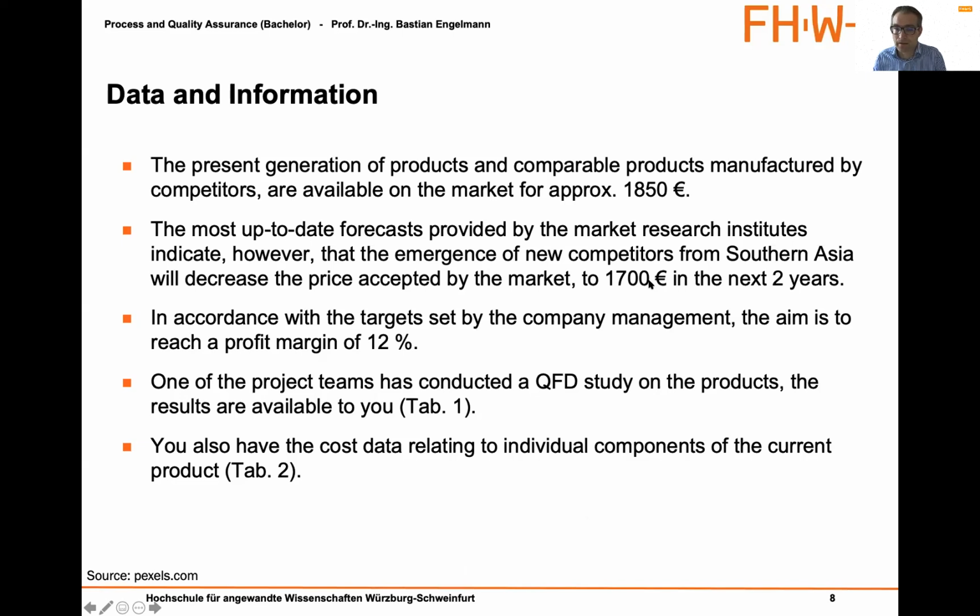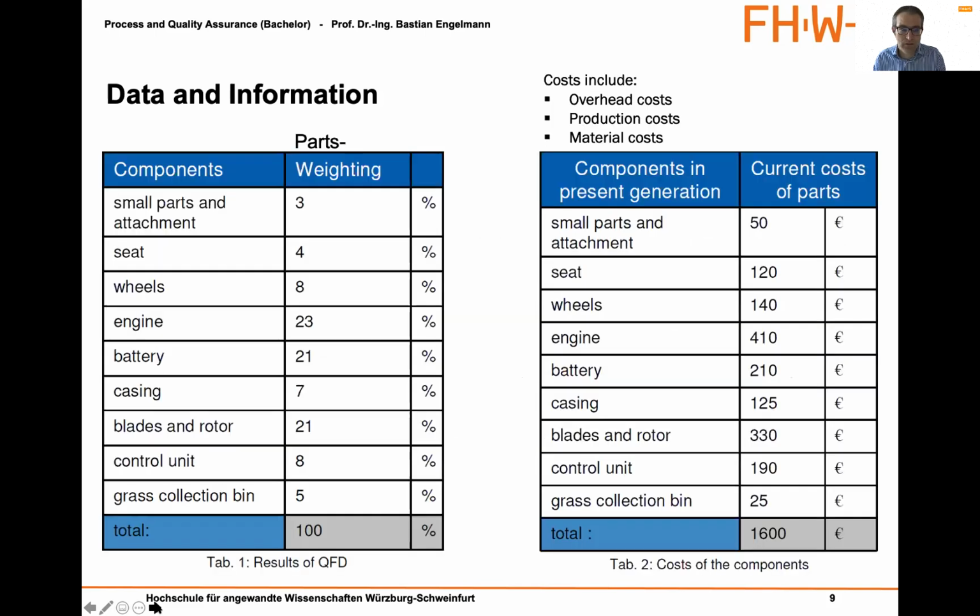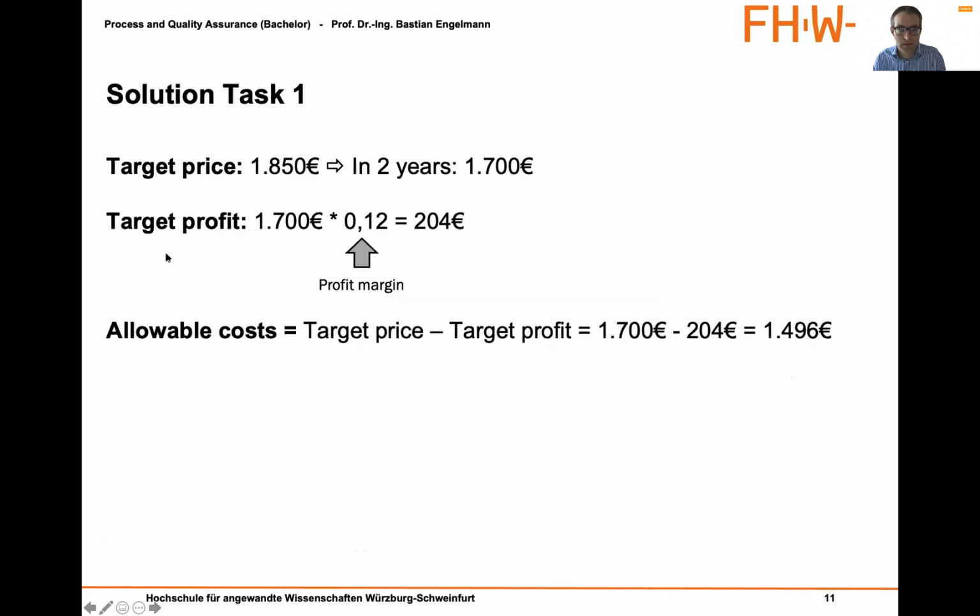Then we subtract from this the profit margin, which is 12% of 1,700. So the target profit is 204, and the allowable costs are 1,700 minus 204. Therefore the result of 1,496 is the right result.